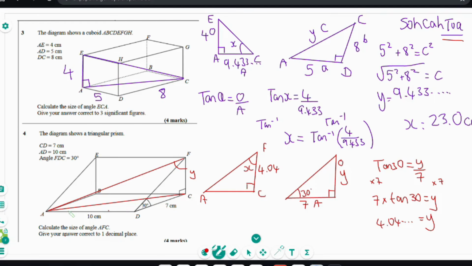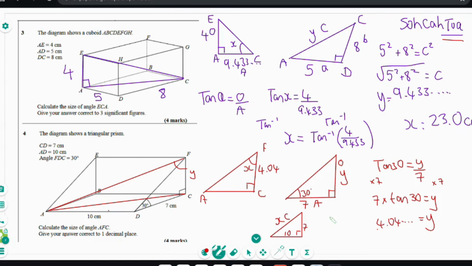Okay, we also need another length. So what about AC? I can see AC. I'm running out of space here, but it is in a right angle triangle because it's part of a rectangle split down the diagonal. The length 10, the length 7, and my hypotenuse unknown.